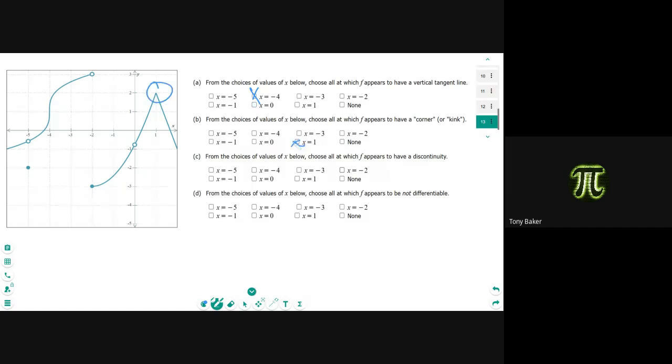Which has discontinuities? -2 and 0. All right. Where is the function not differentiable?